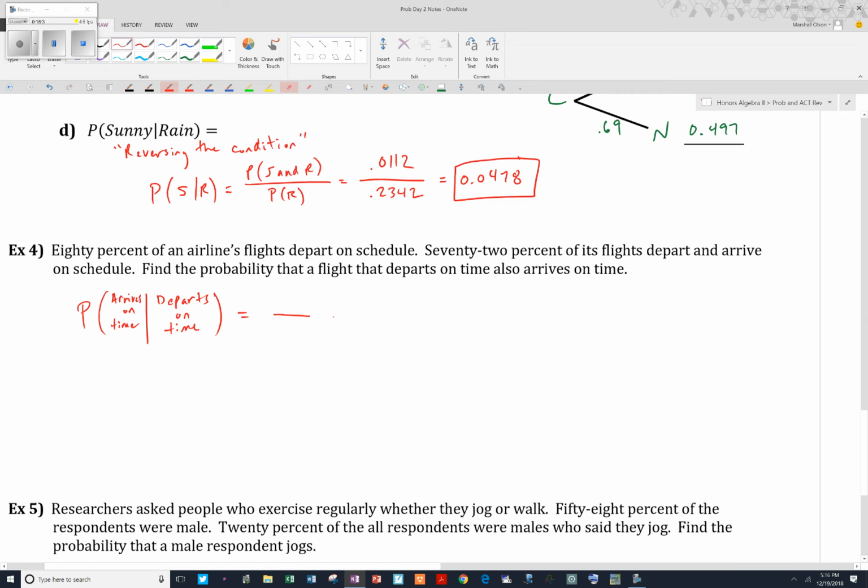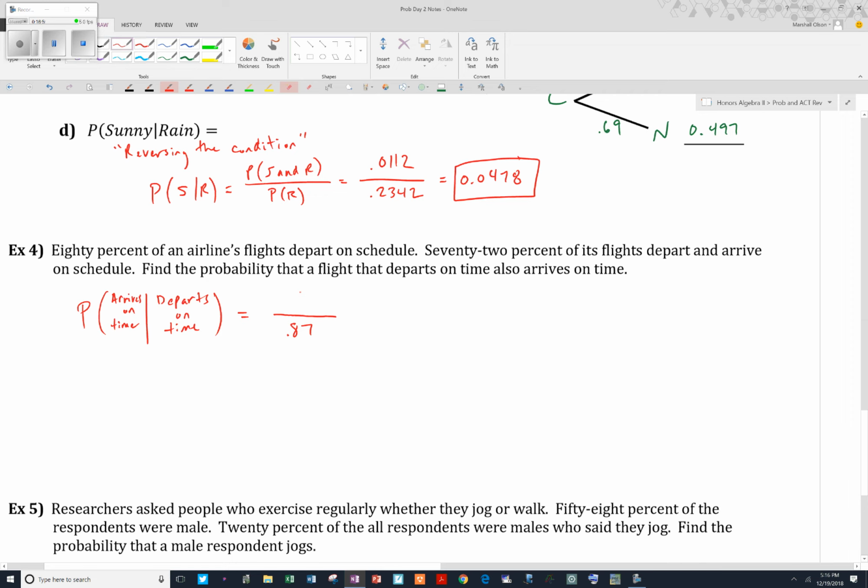Well, the nice thing is they gave us these percentages. 80% of the airline's flights depart on schedule. That's what we want down here, 0.80. 87% of its flights arrive on schedule, and 72% of its flights depart and arrive on schedule.